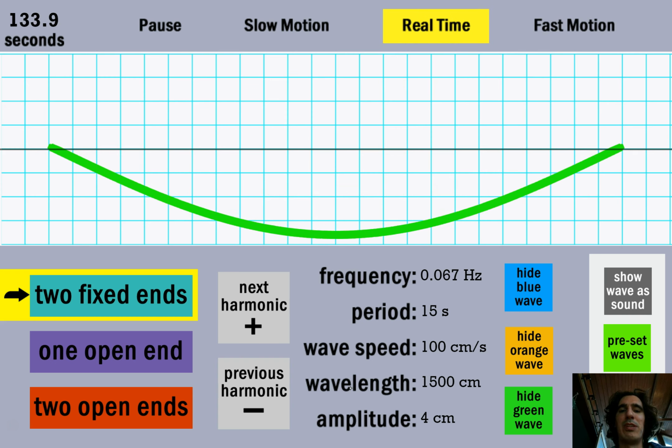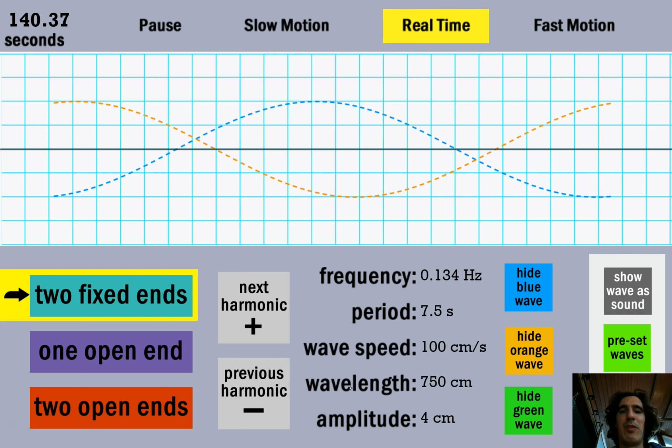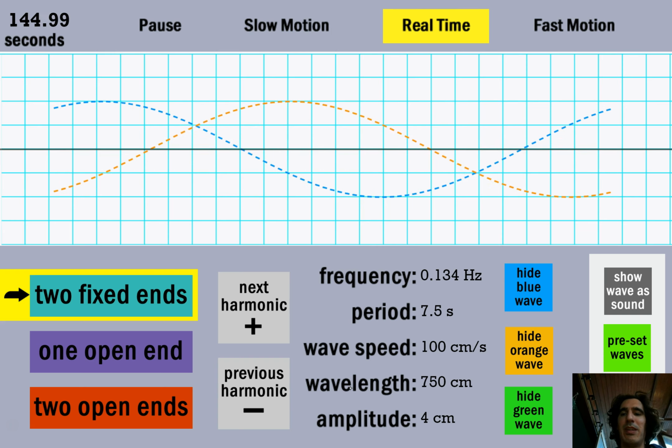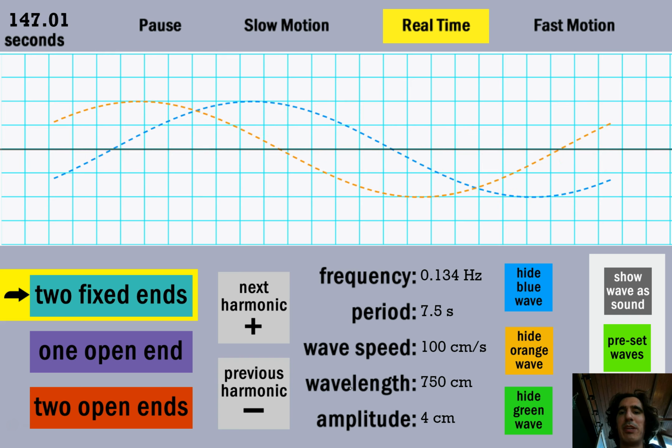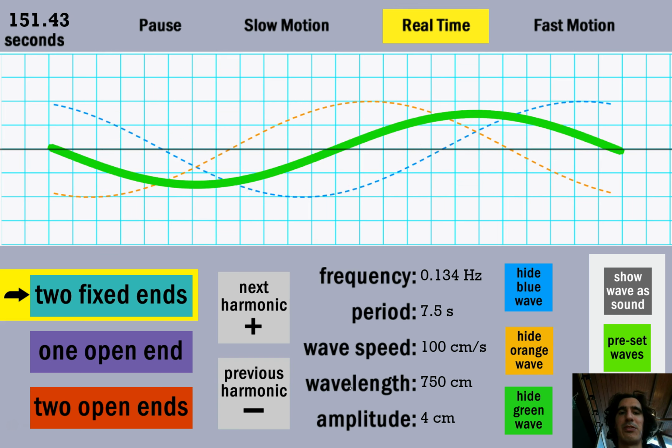Now if we increase the frequency of the waves, we'll get rid of the blue one, so if we make this move faster, if we move our hand faster, then what we're going to get is more periods of constructive and destructive interference, and what we see is this green line.